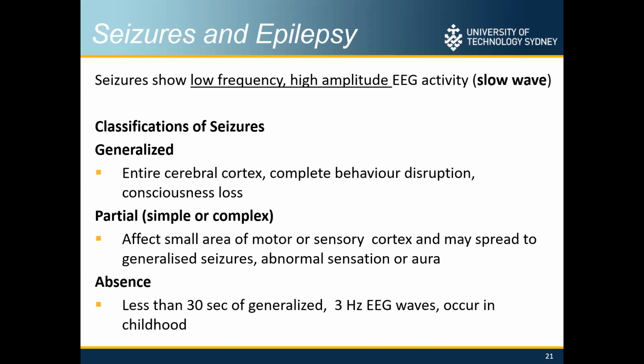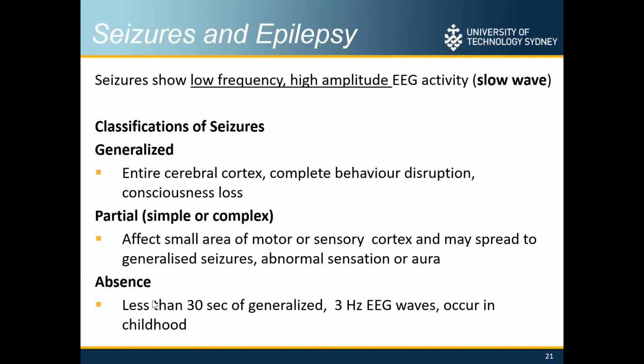When you only have a small area affected in your cortex, this is associated with the onset of a partial seizure, okay? And depending on where this seizure actually takes place, you can either experience motor disruption or sensory disruptions.